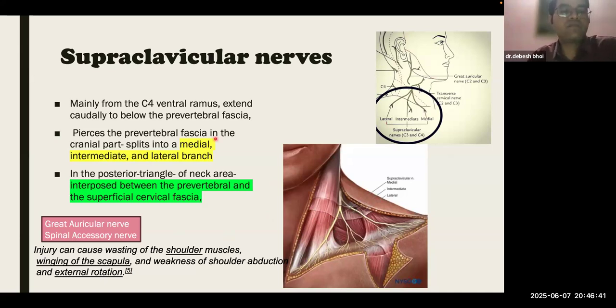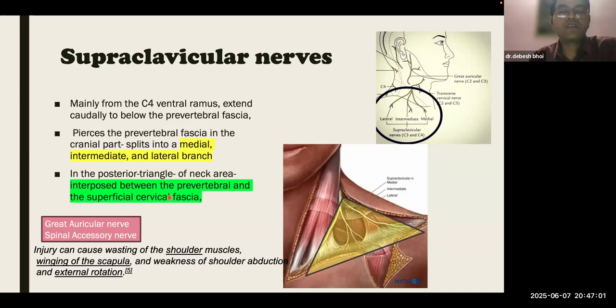The supraclavicular nerve arises from the C4 ventral ramus. It has three branches, and once it comes here it pierces the fascia. One is medial, intermediate, and lateral, and it supplies most of this supraclavicular area and also the pectoral area.